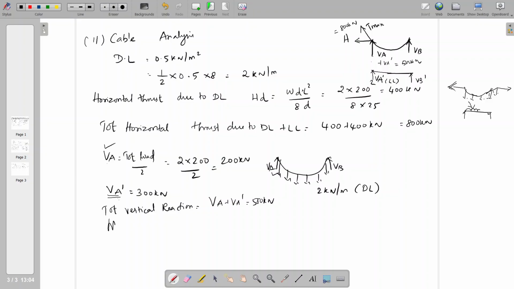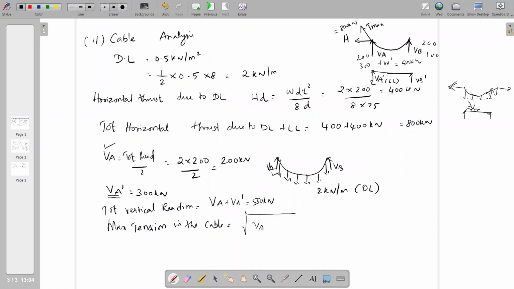So now, maximum tension in the cable equals, here VA is 200, VA dash is 300. On the other side, VB equals 200, but VB dash is only 100. So this support will give the maximum tension because of the 500 kilonewton of vertical reaction.